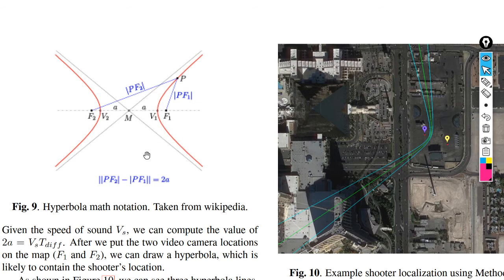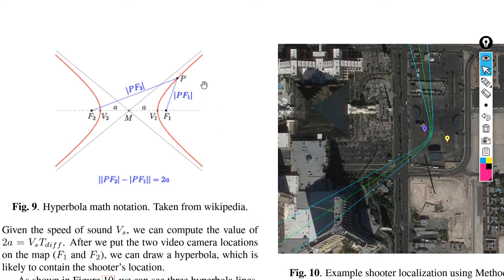The middle point between them would be called M, and the distance calculated by the difference in times of arrival, or path length between the two, would be 2A, which you can see where A is in this diagram. It's the distance from the middle point of a line drawn between the videos to where the curve would cross the axes when you draw it.